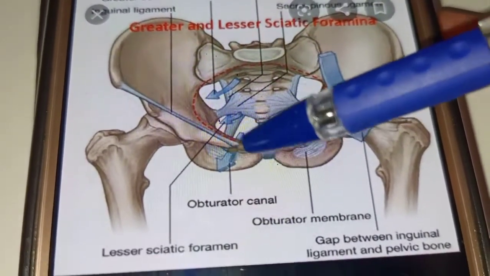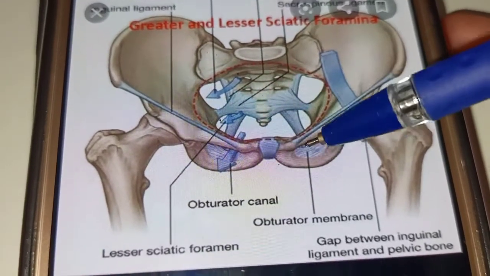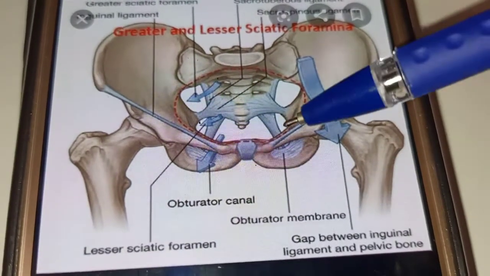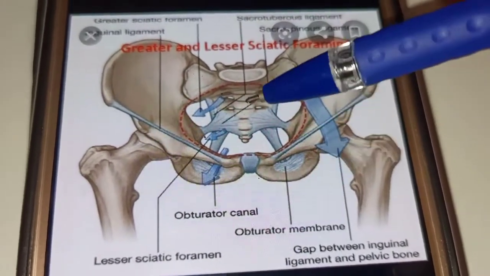Here is the obturator canal, and here is the obturator internus muscle. This is the obturator membrane covering the obturator internus muscle.